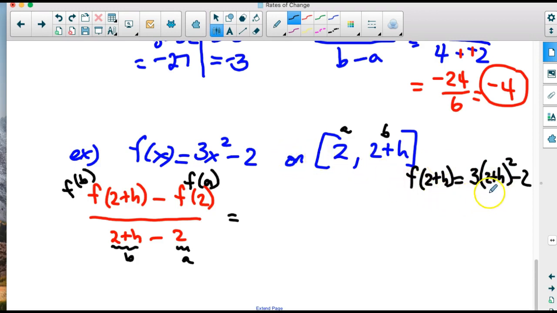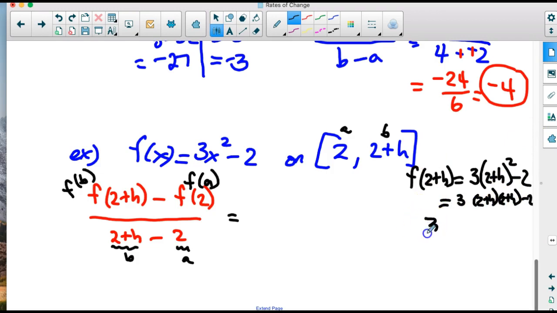In this case, we have to do FOIL on this because it's 2 plus h times 2 plus h. So this is really 3 times 2 plus h times 2 plus h minus 2. Multiplication is commutative, so I'm going to do the actual FOIL part first and then multiply by 3.